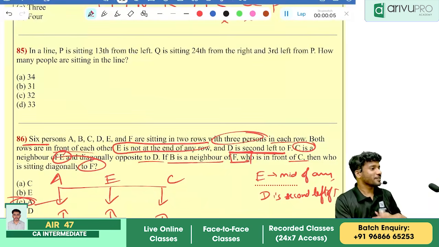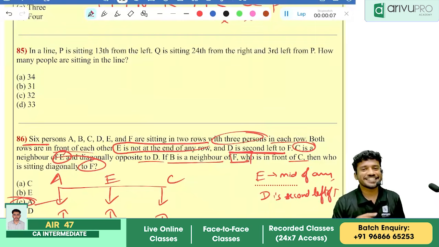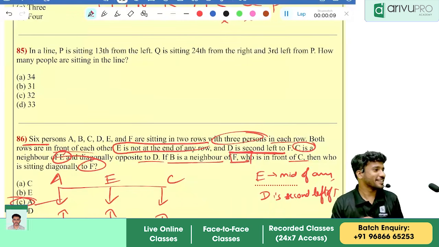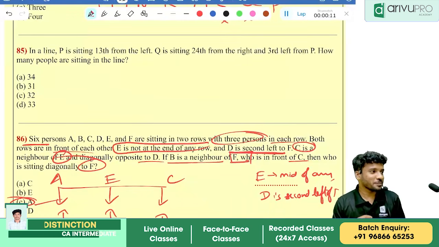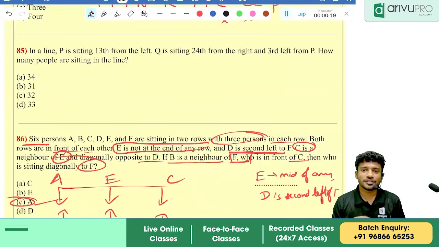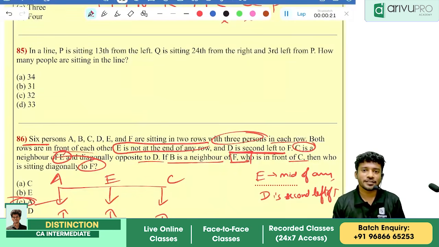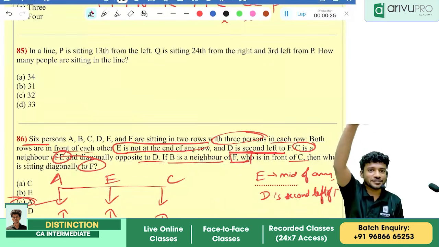Got it? Yes. Yes, Kirti? Yes. Don't use fonts. Next time when you use fonts, we will see flying fonts.